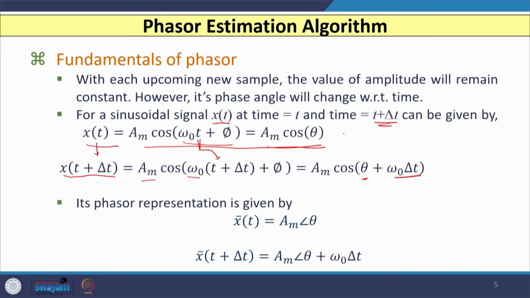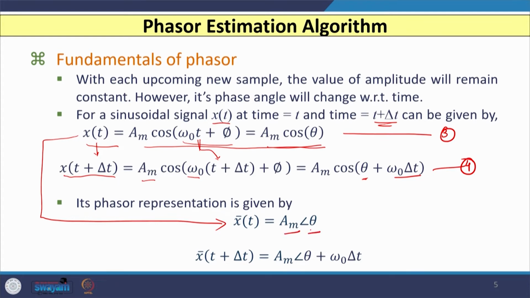So, if I have these two equations, one is x(t) at time equal to t, that is Am cos theta, and another at time t equal to t plus delta t. Then if I calculate the phasor value of equation 3, we will have the output in terms of phasor, that is Am and theta, magnitude and angle theta.